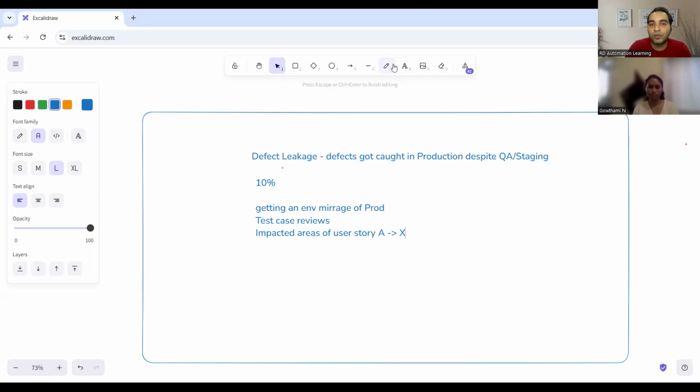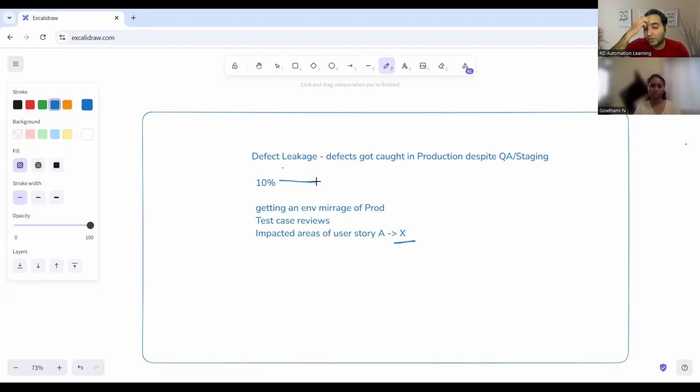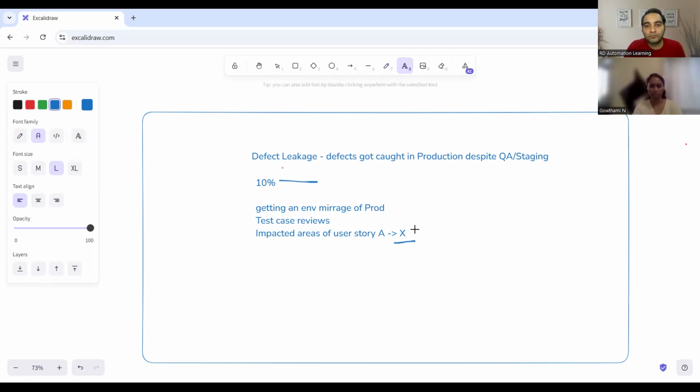If you do not consider this during testing, then this ratio would increase. So it's very important that you identify the impacted areas. If you yourself are not able to identify those impacted areas, then at least connect with the development team and understand what are the impacted areas, what are the critical areas, and what areas can be affected by these particular enhancements or development, right?